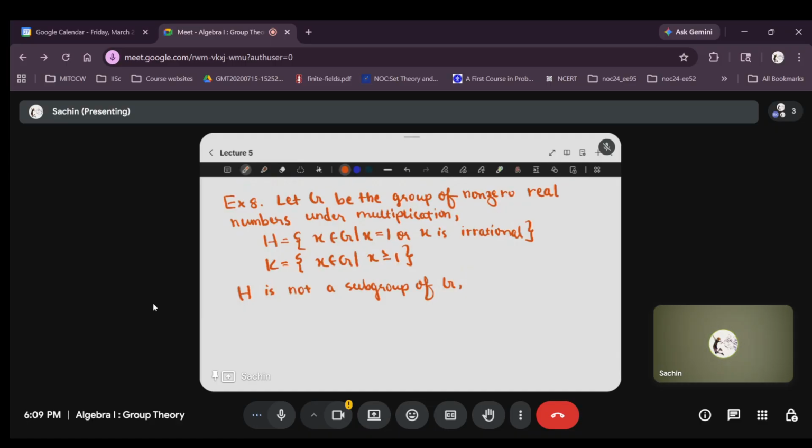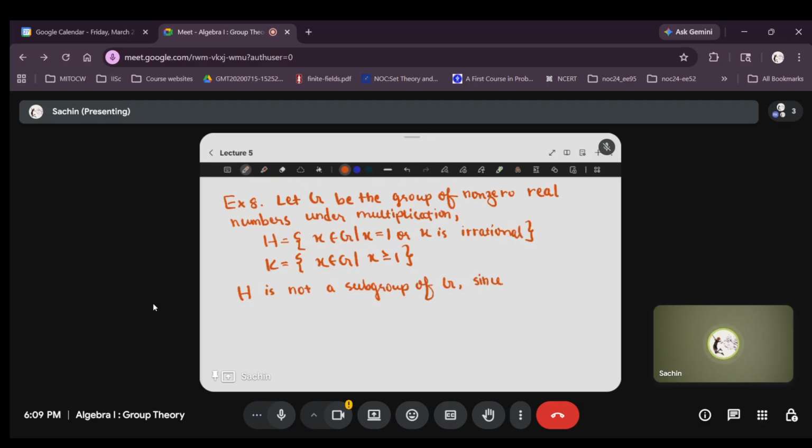Why is that? Inverse would also be irrational.